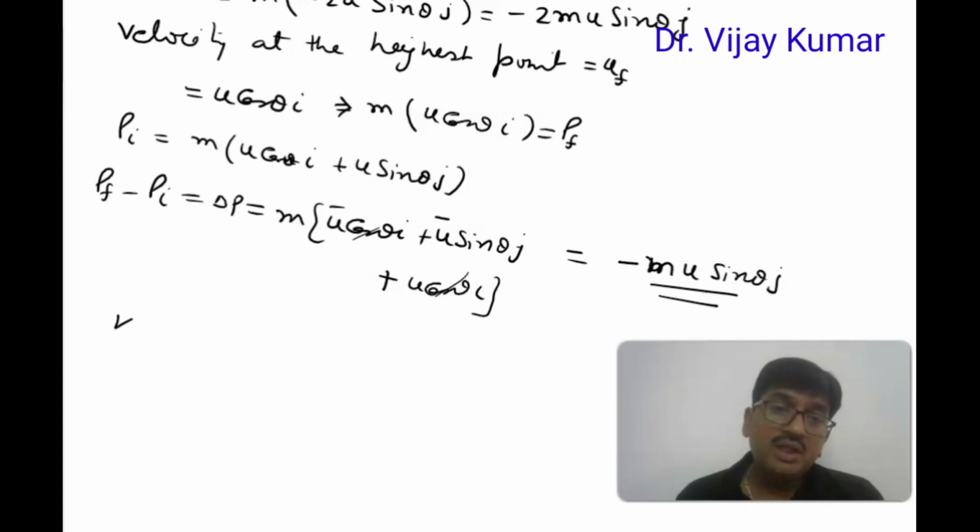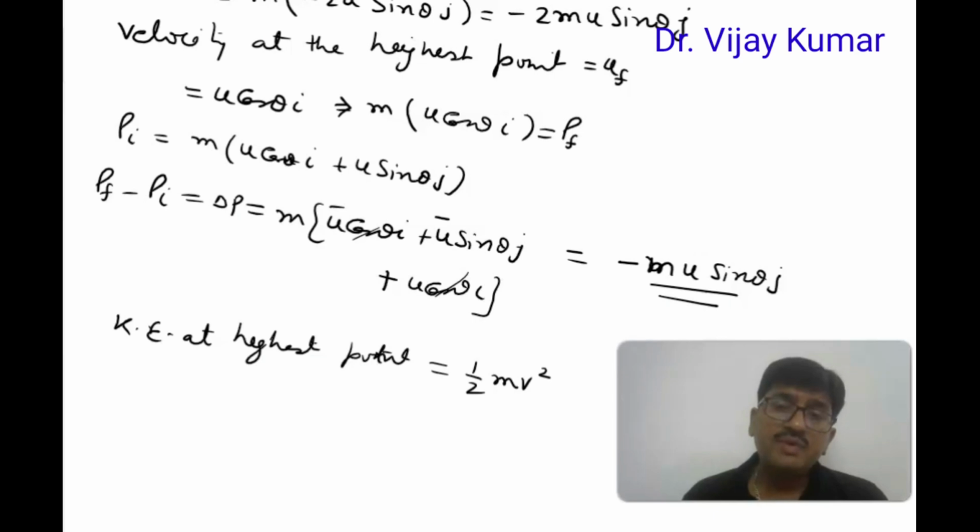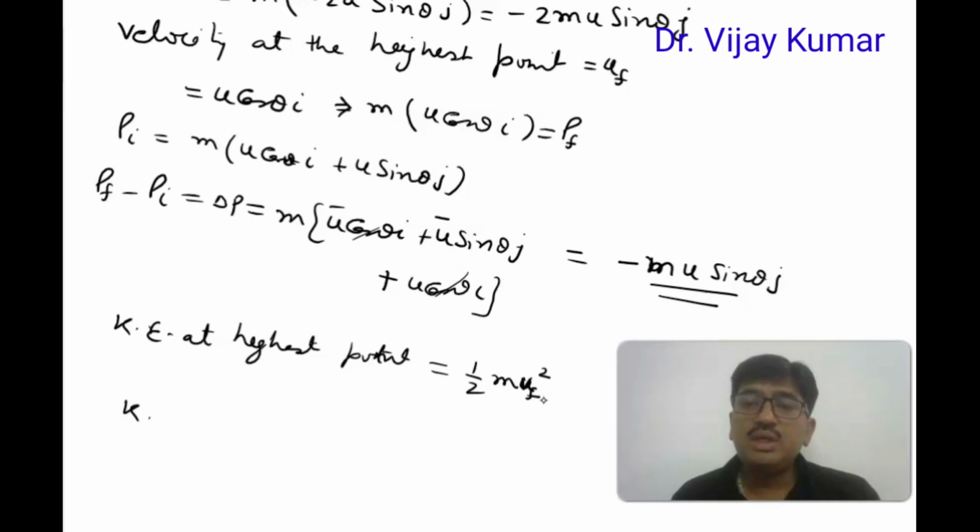And if we calculate the kinetic energy at the highest point, it is half m v square, half m vf square. We know that vf is u cos theta, so the kinetic energy at the highest point is half m u cos theta squared.